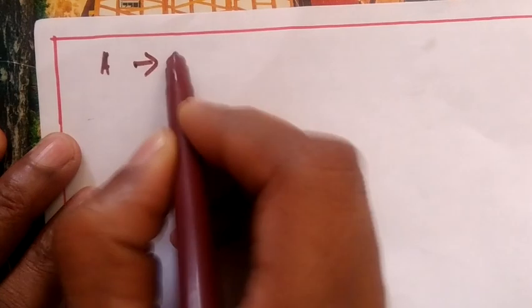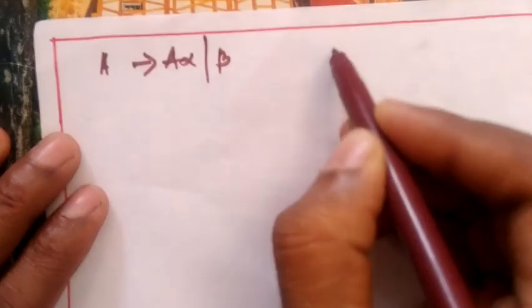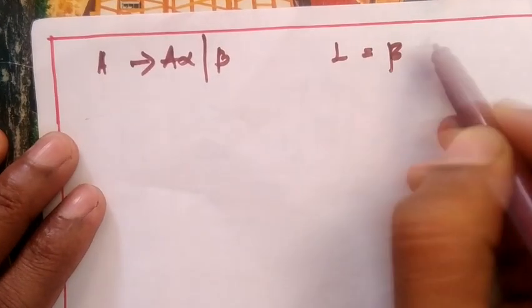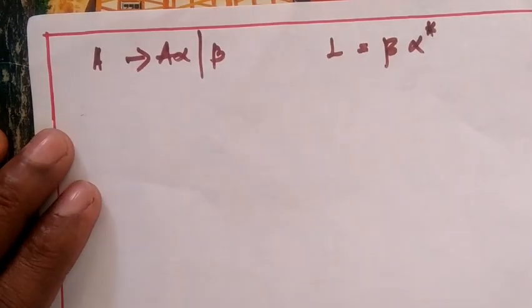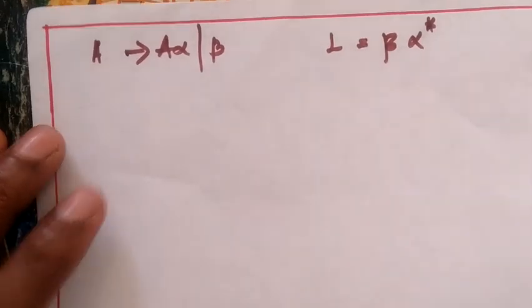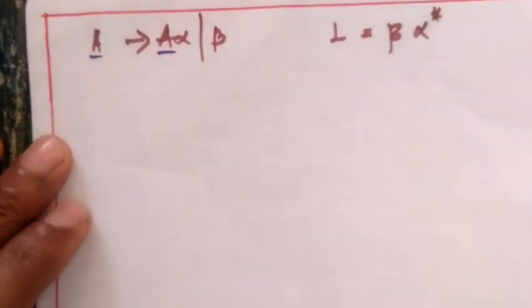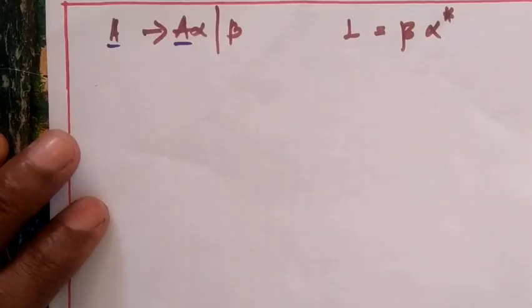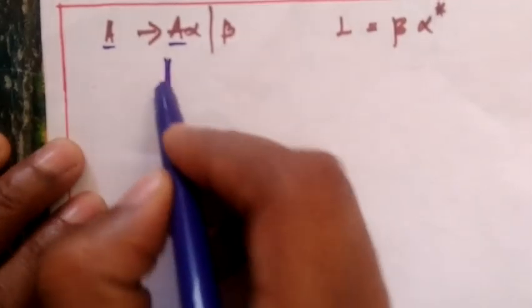So we have seen that the language of the grammar having the production A gives A alpha or beta is L equal to beta alpha star. By knowing this language, here the left side is a non-terminal, very easily you can find the equivalent production corresponding to this one.